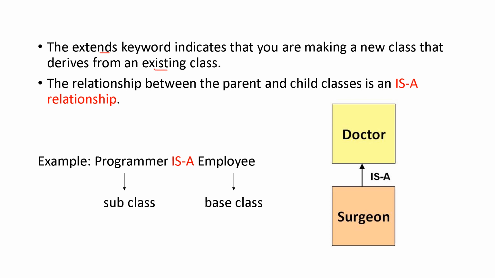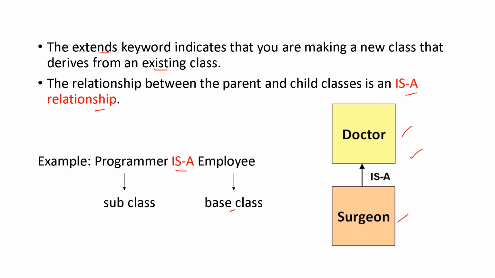The child class and the parent class have an is-a relationship. See this: Programmer is an Employee. That is an is-a relationship. Programmer is a subclass and Employee is the base class. See this example: Surgeon is a Doctor.